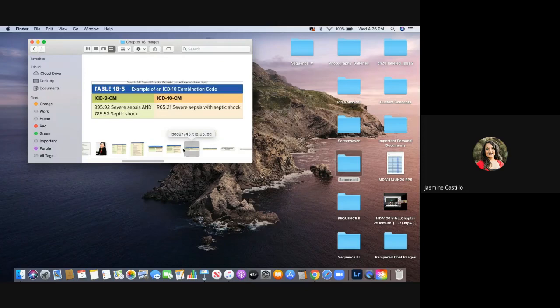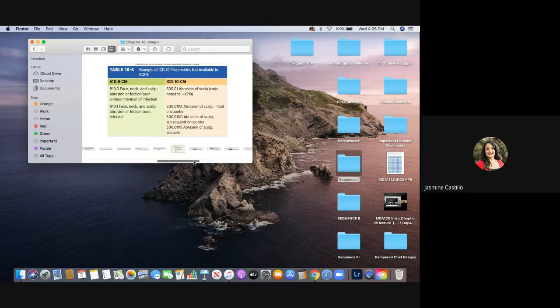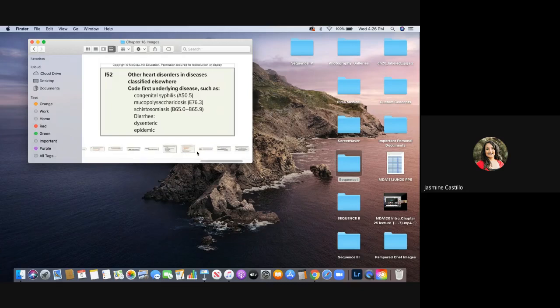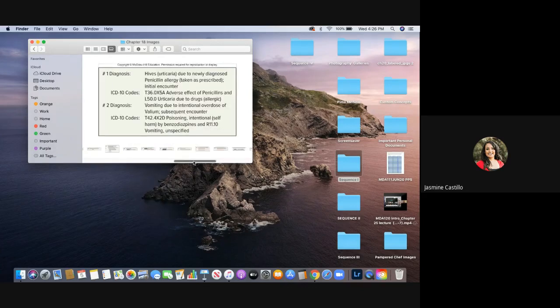And I'm just trying to find that for you guys, because there's a nice image that shows you all the different symbols. If you'll give me a second here, I can find it for you.